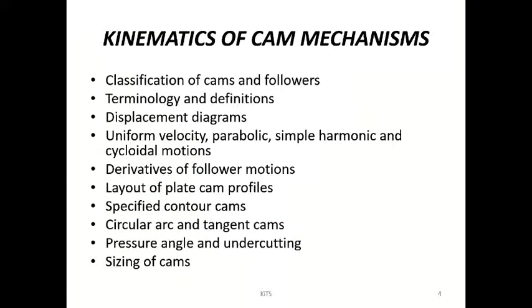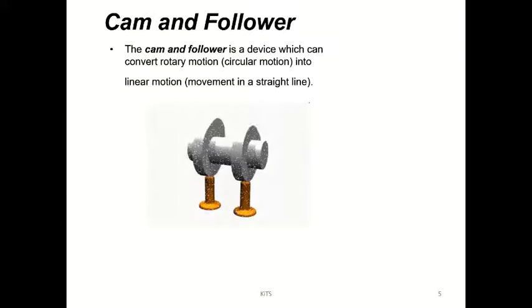So this is what we are going to see in this chapter. Once again, the cam and follower is a device which can convert rotary motion into linear motion. This is the cam, and the cam is rotating. It looks like the shape of an egg. This is the follower. When the cam rotates, the follower moves up and down.